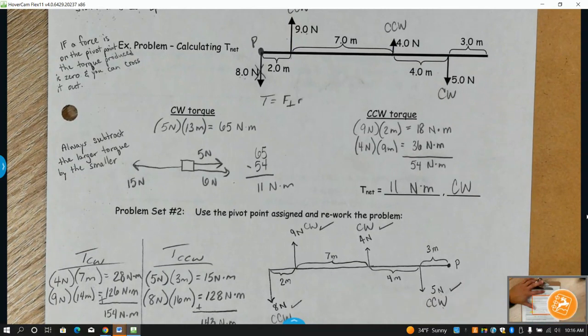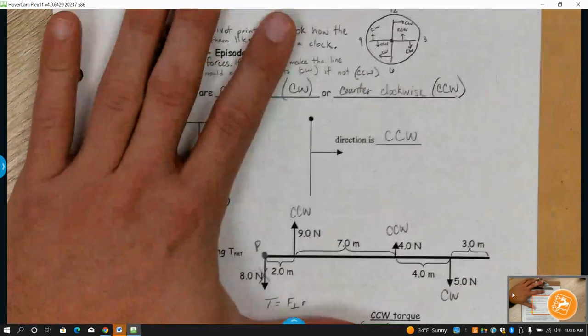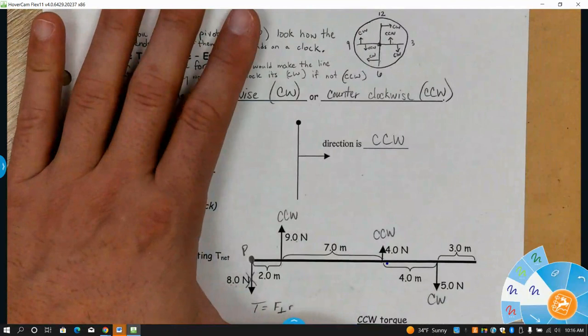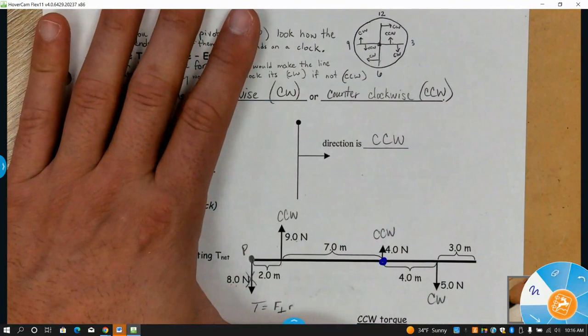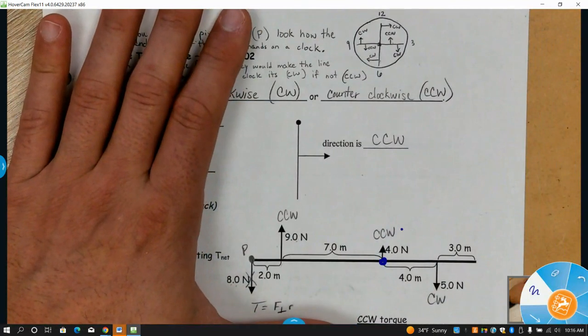If you put it where the 4 is, would you do the same thing with both sides? Yes. So you would do the same thing with a clock. If you put the pivot point here, this side is like your 3 o'clock, so the down arrow would be clockwise.